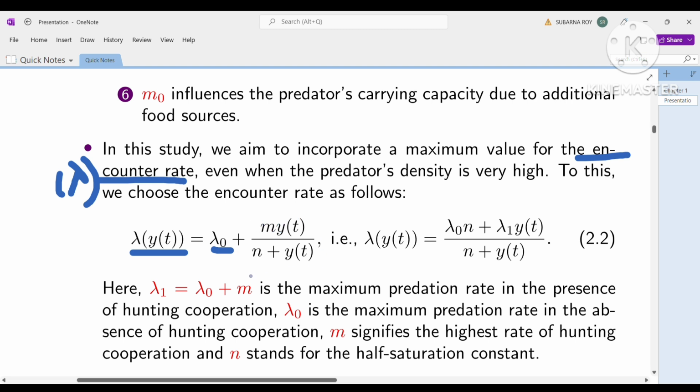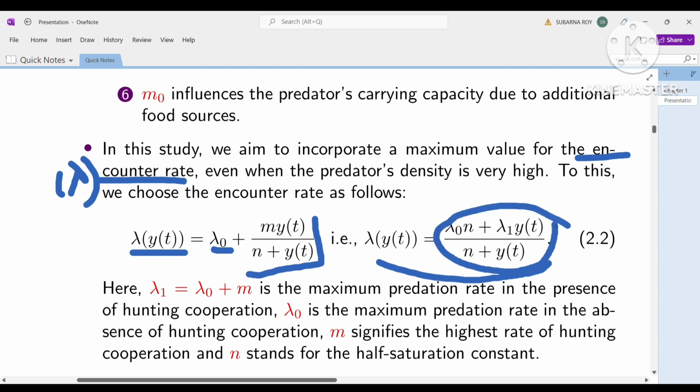So here n is the half saturation constant. This means the predator density at which the encounter rate becomes half of its maximum value, that is at n equal to y, this term becomes m by 2, and by calculating this we get this functional form (lambda 0 n plus lambda 1 y(t)) divided by (n plus y(t)).